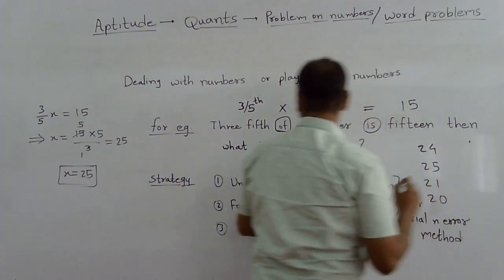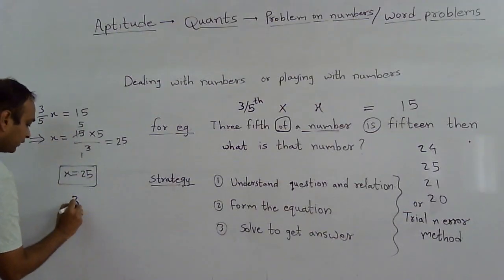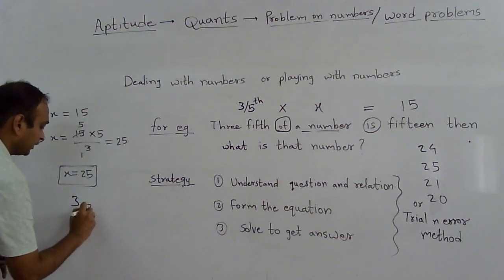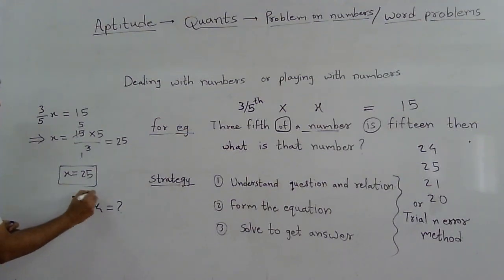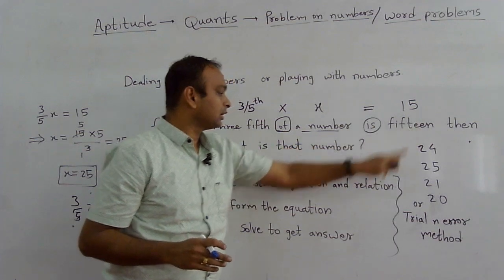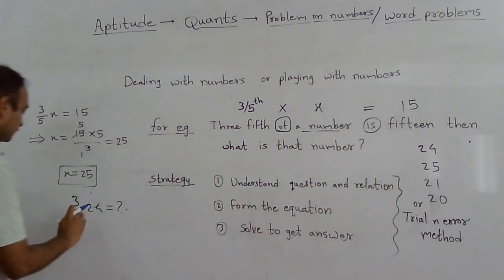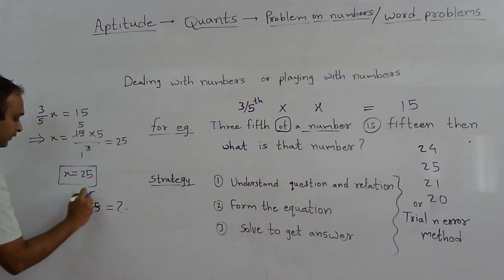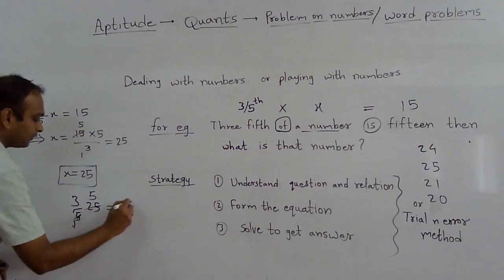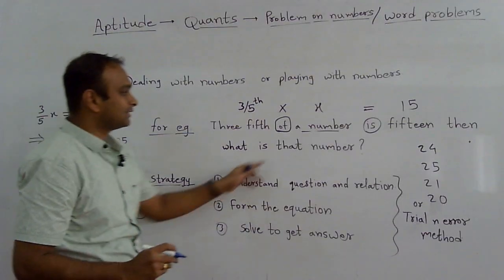3/5 of 24 would be some fraction, which is not the whole number 15. 3/5 of 25: 5 ones are 5, 5 5s are 25, 5 3s are 15. So we get the exact answer.